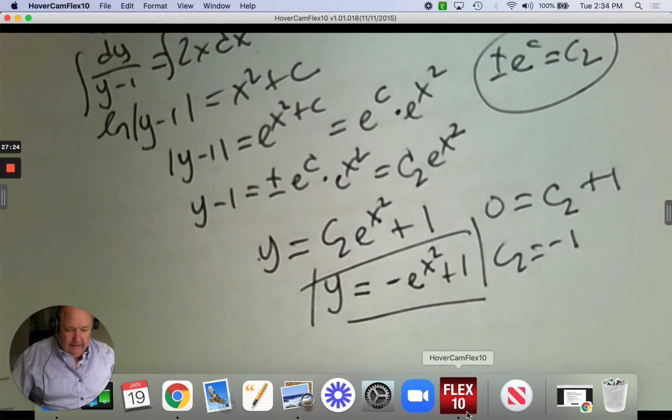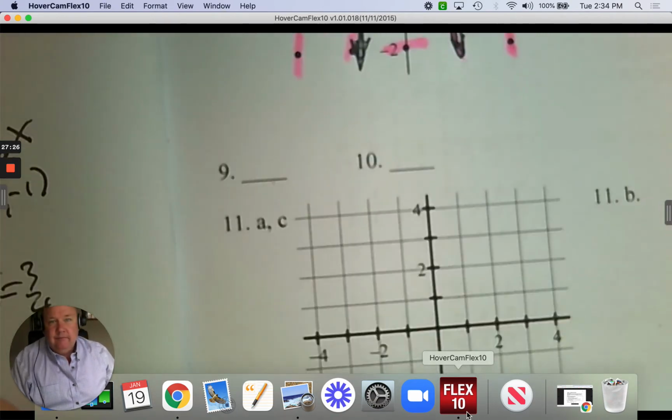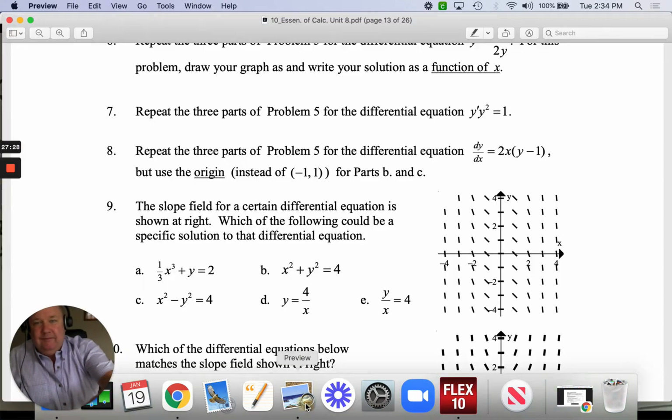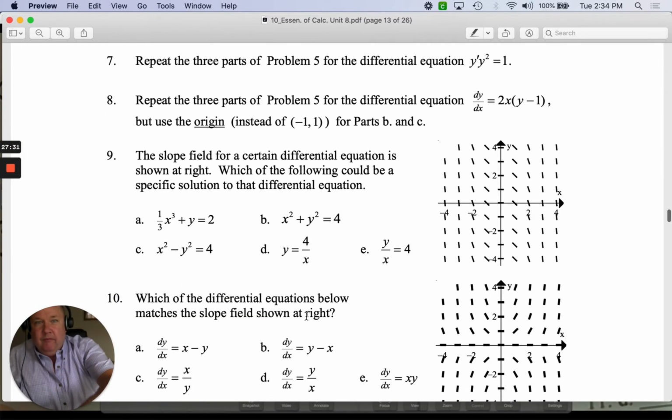All right, 9 and 10. So in number 9, the slope field for a certain diffie-q is shown at the right. Which of the following could be a specific solution to that diffie-q? So first of all, if you take a point and try to draw through it, it can maybe help to understand what could be the equation that could match it.